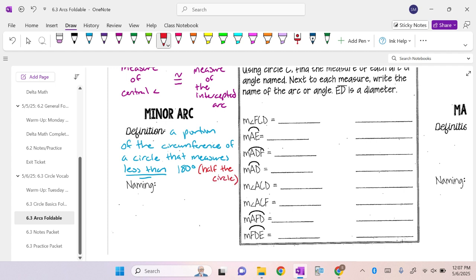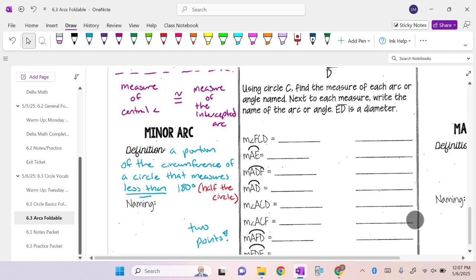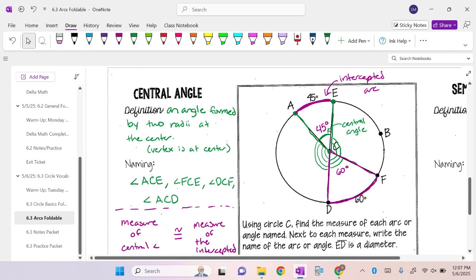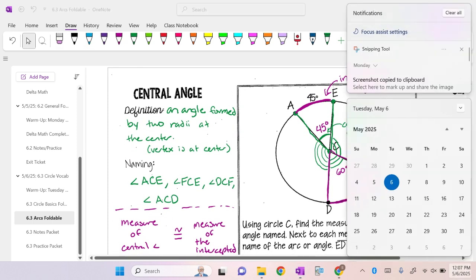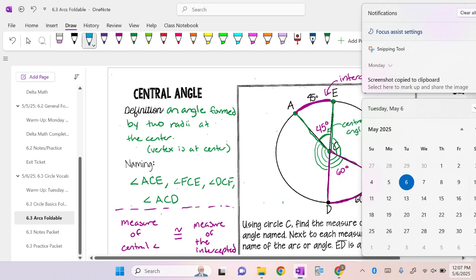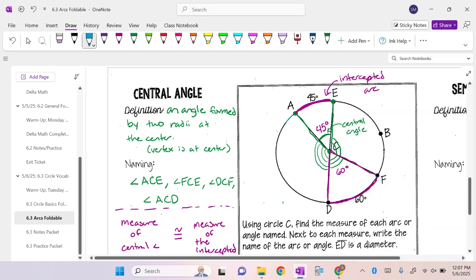All right. Now, when we name arcs, we name them using 2 points only, just minor arcs. All right. So, an example of a minor arc that I have would be from A to D. That's a minor arc.